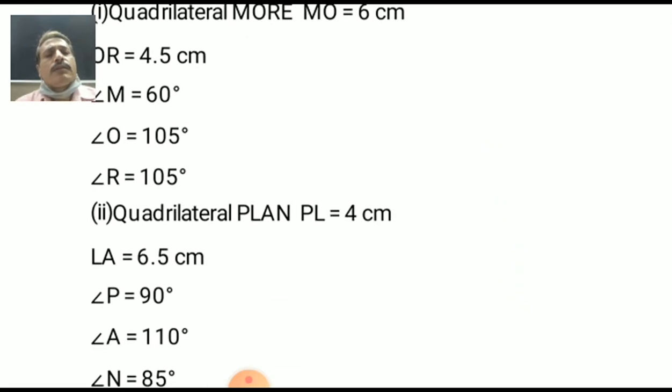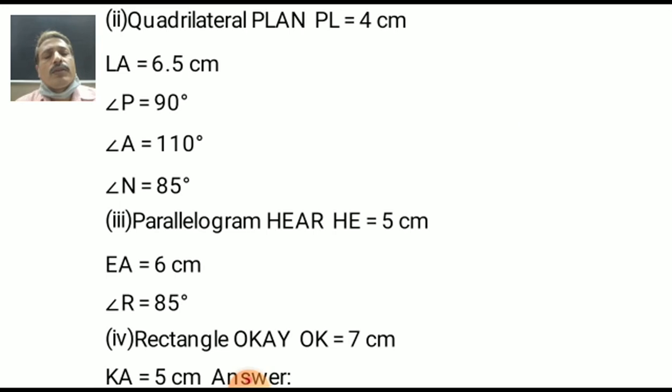Second question, a quadrilateral, 2 sides, 3 angles. Third, a quadrilateral, 2 sides, 1 angle. Parallelogram. Be careful, students, about what they are asking. Rhombus, parallelogram or quadrilateral.